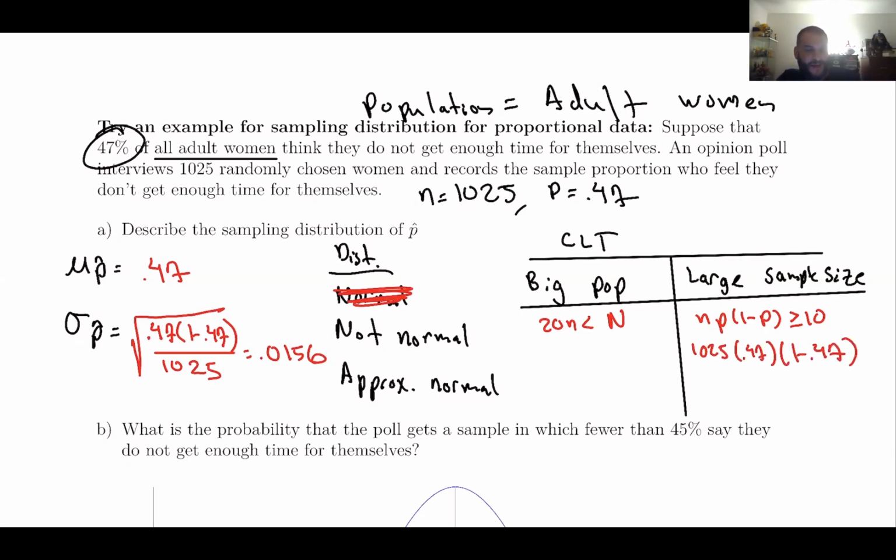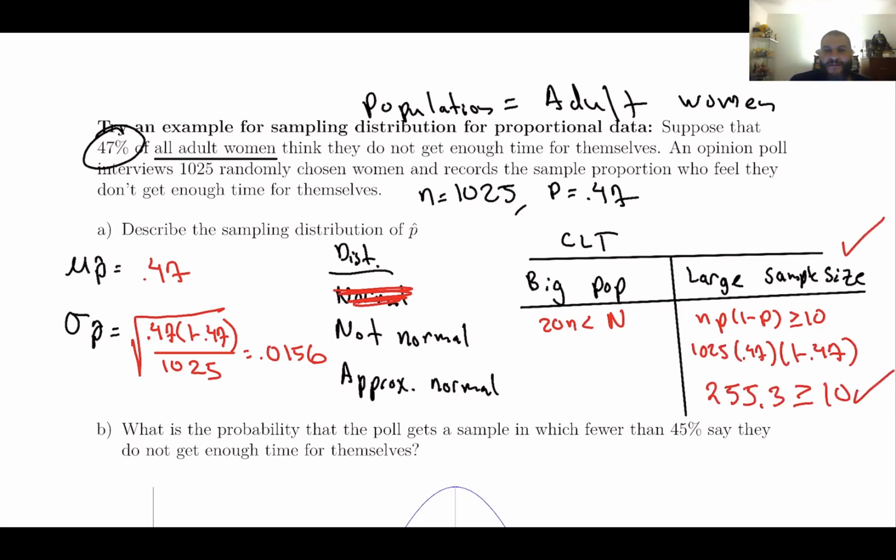So 1025 multiplied by 0.47 multiplied by 0.53. All right, so you get 255.33, and 255 is bigger than 10. So we can say we have a large sample size.